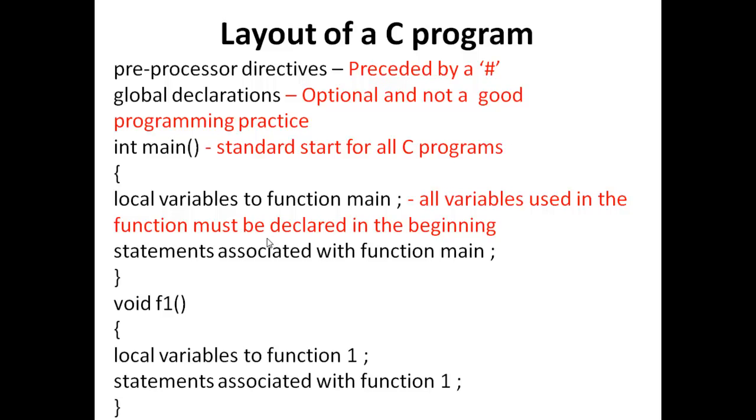And then we need to write all the statements associated with the main function. Then coming to the function, we have given here void f1, so we don't have any return type here. We need to declare the variables associated with the function and also the statements. So this is how a C program will look generally.